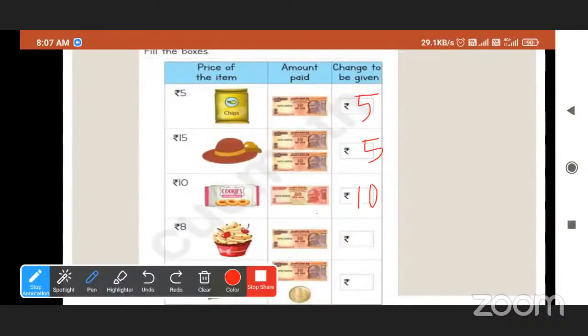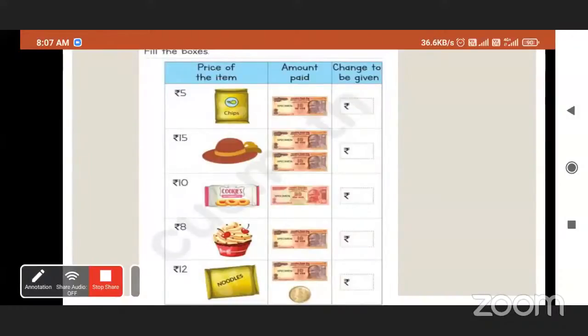So the change to be given is 2 rupees. Very easy problems. Now see the last one, price of the noodles is 12 rupees and amount paid is 10 plus 5, 15 rupees. So change to be given is 3 rupees. Good.